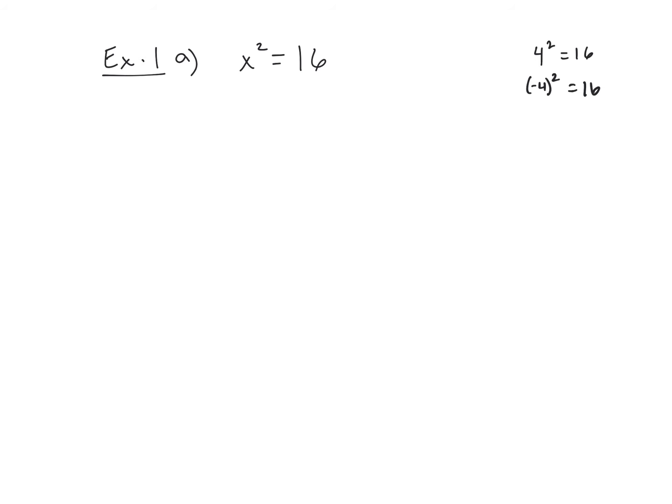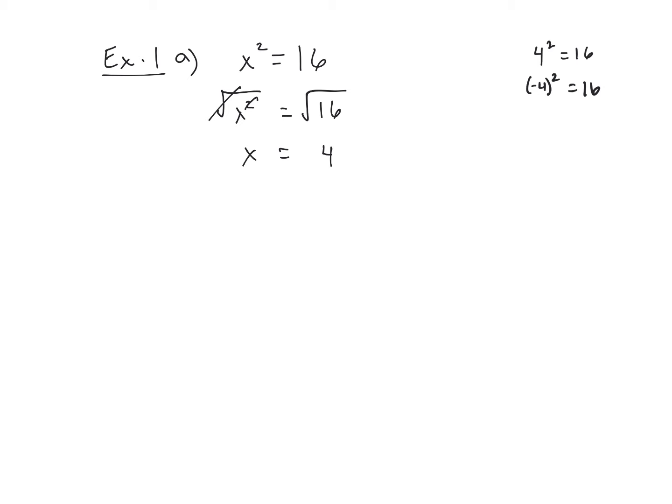So my process for getting to the number 4, because if you don't think of the number 4 right away, we need some sort of process, is to take a square root of both sides. And so what I'm going to do is take a square root of both sides. The square root and squared on x cancels, I'm just left with x. And the square root of 16 is 4.